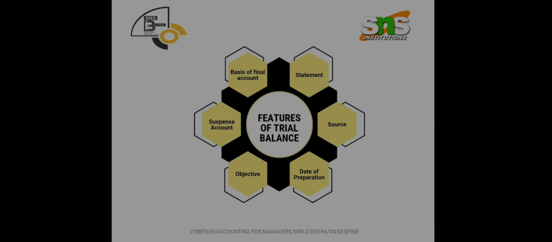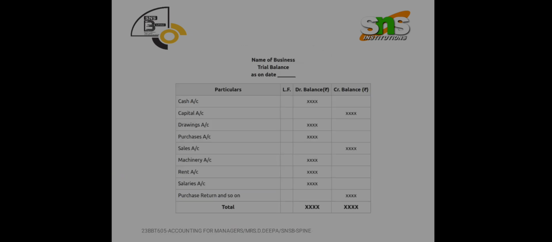Next, suspense account: if debit and credit are not tallying, the balance should be considered as a suspense account and brought to the next portion. And next, basis of final accounts: this is the base to prepare the final accounts. So these are the different features of trial balance.